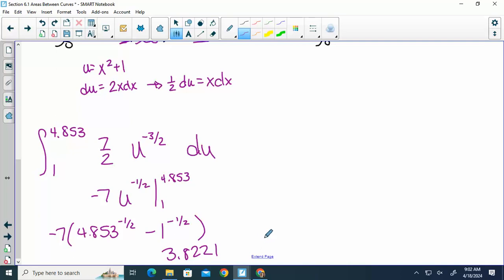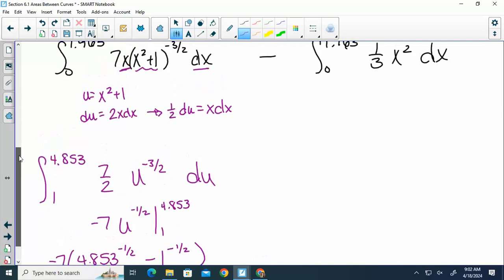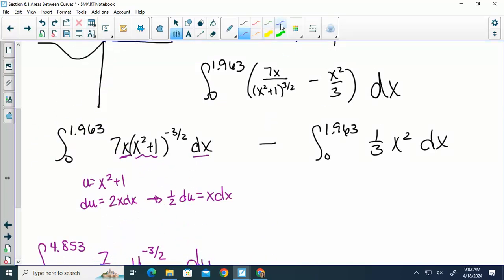It's 3.8221. But am I totally done? I have to do the other one. No. It should be nicer because I don't have to do substitution to integrate that. That's why I broke them apart.